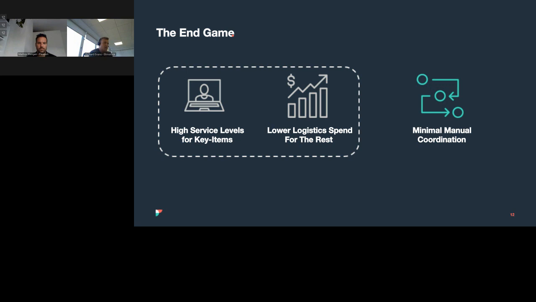I don't know if it works in your language, I'm sorry, guys, but in a playground we have a seesaw. So it's like a balance with two kids on the seesaw trying to make sure they've got this worked out. But at the same time, to achieve this with minimal manual coordination. So it's all the time fighting these three angles to make sure that we've got the best scenario here.